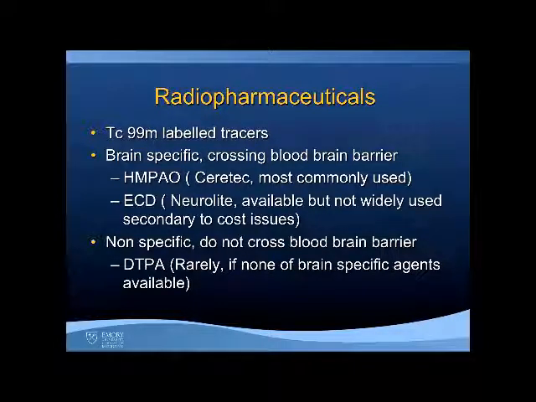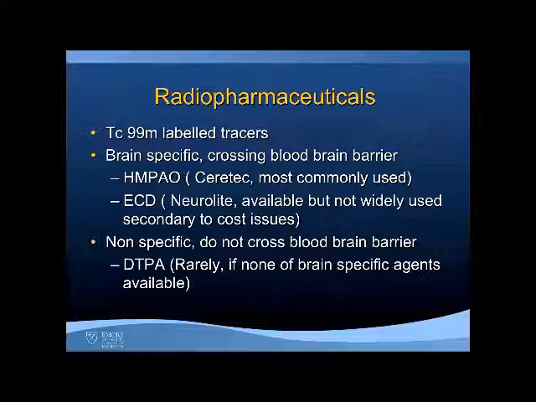What are the radiopharmaceuticals that are used for brain death study? For the most part, brain death scintigraphy is done with technetium-99 labeled tracers, and there are two types of tracers available. One type is brain specific; they cross the blood-brain barrier, and these include HMPAO or Ceretec, or ECD or Neurolite.